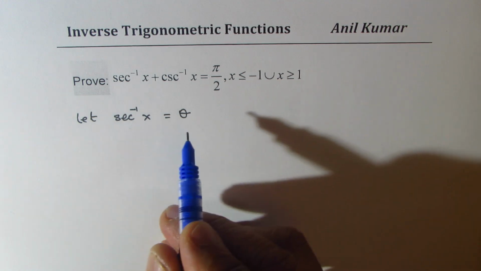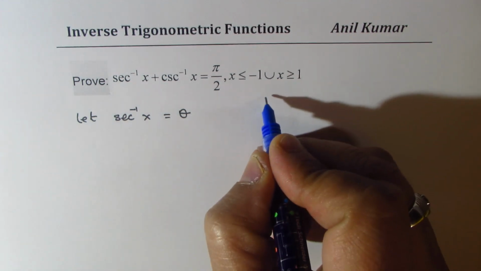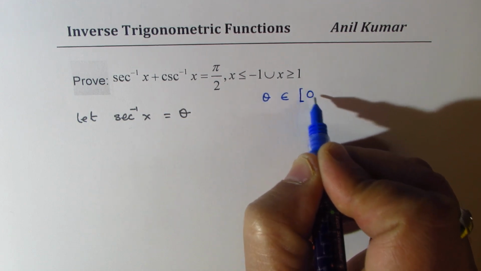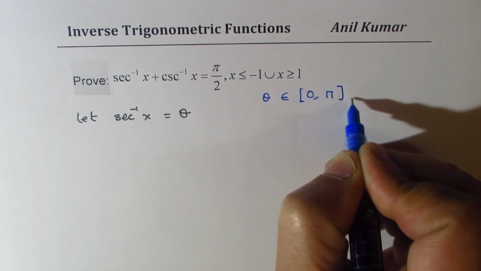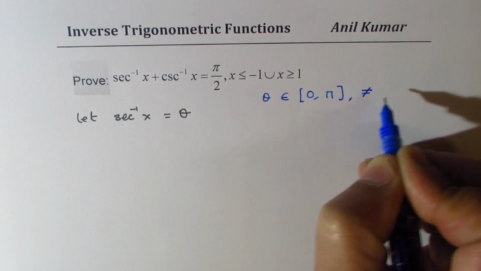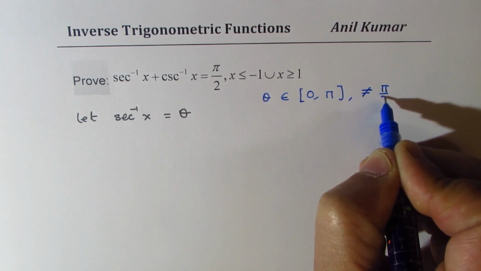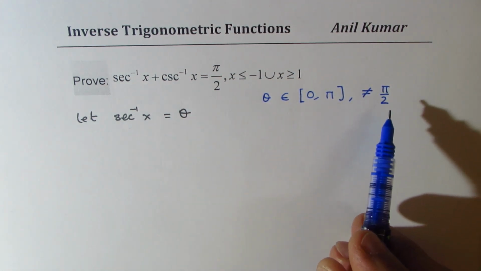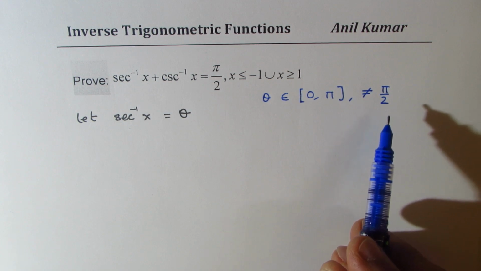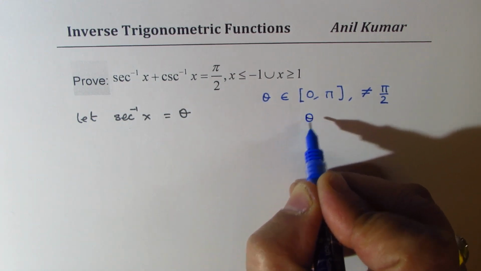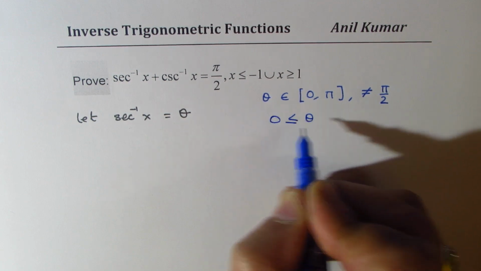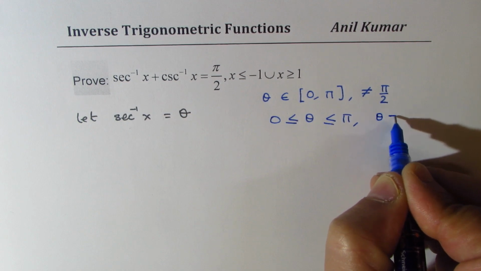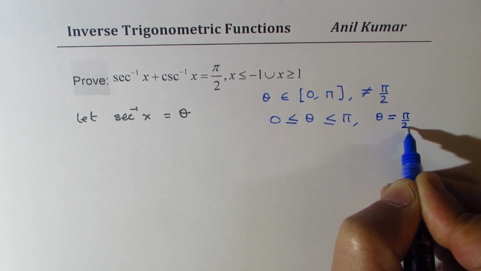Now here it is important to note that theta actually belongs to 0 to pi but is not equal to pi/2, right? Secant theta is not defined for pi/2. That really means that theta is between 0 to pi, where theta is not equal to pi/2.